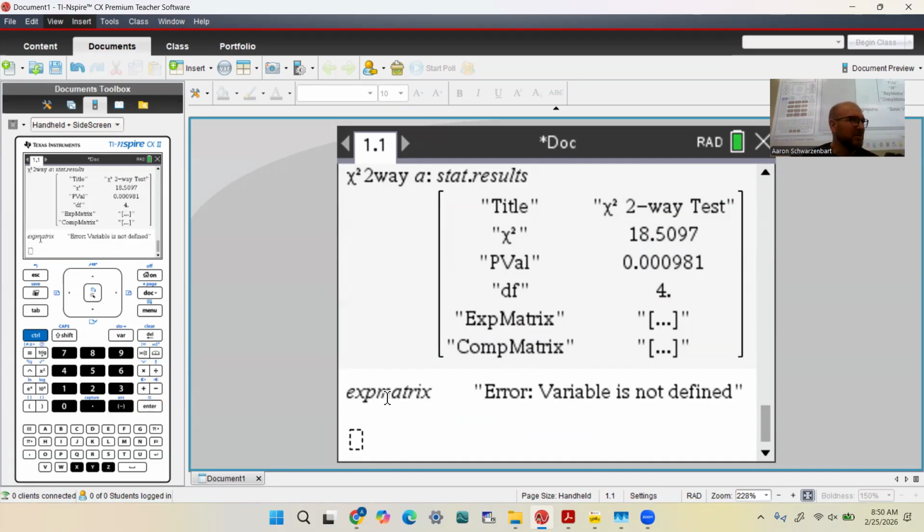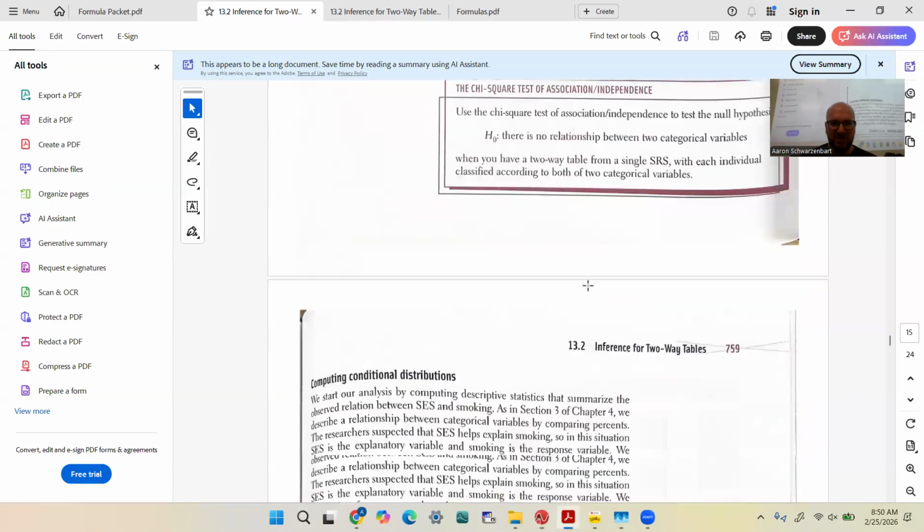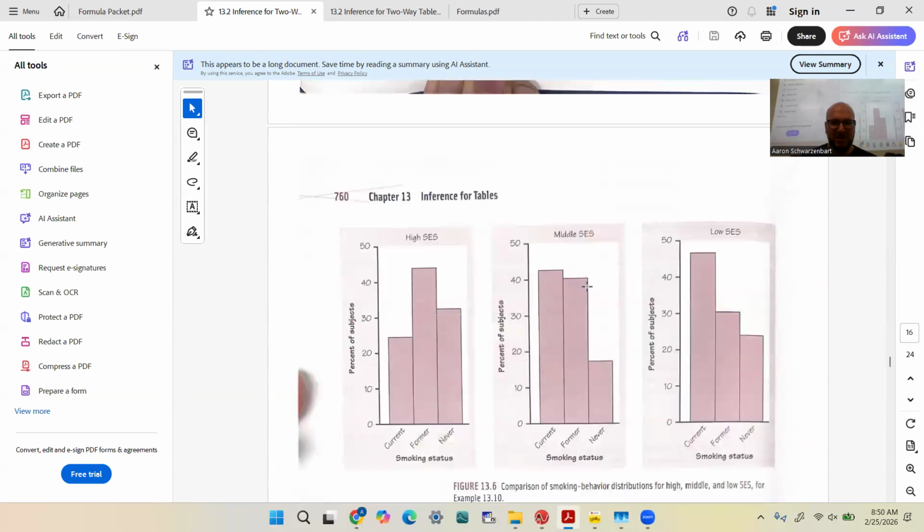I'll have to look up how to do that. But it should be able to print it out. So we would have to check our expected matrix, and the book gives it to us.